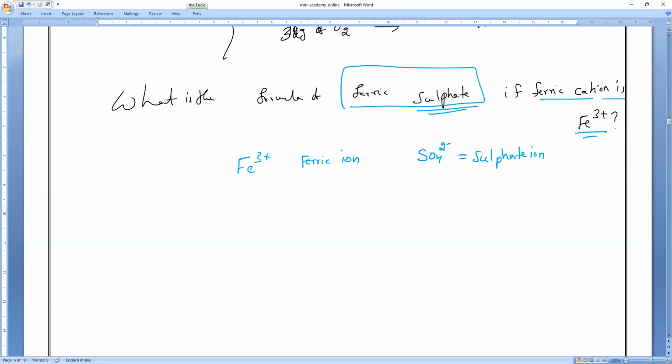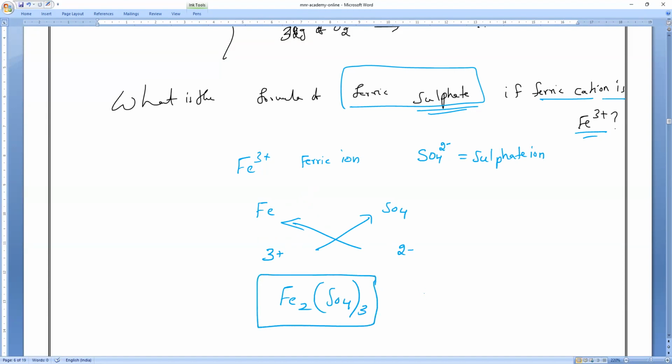So then what will happen by using the crisscross rule? This is Fe and this is SO4. Fe 3 plus and SO4 2 minus. If I have done the crisscross, what formula will come? Fe2(SO4)3.